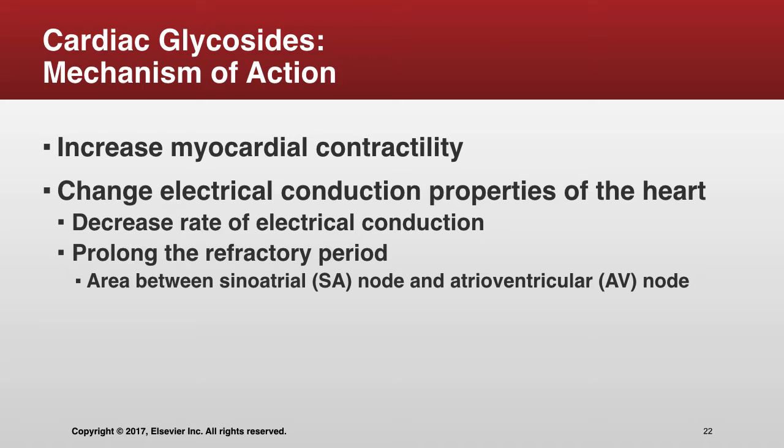They decrease the rate of electrical conduction, which prolongs the refractory period, the time between the sinoatrial node and the atrioventricular node. So one of the side effects that we see with cardiac glycosides is a decrease in heart rate.